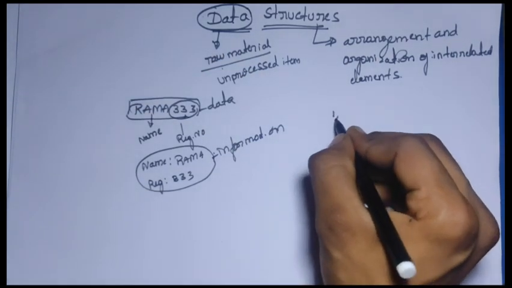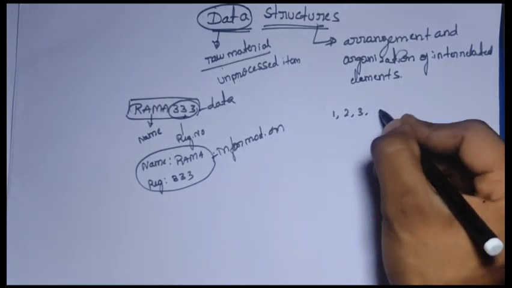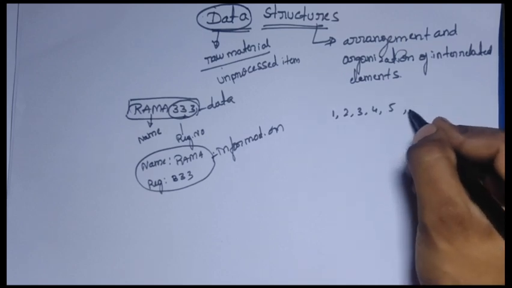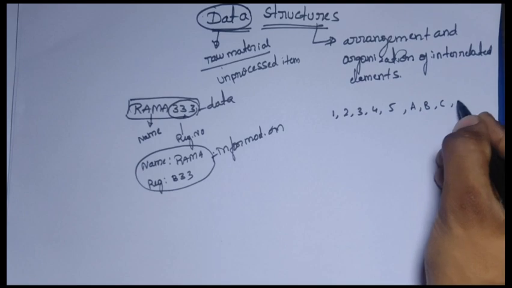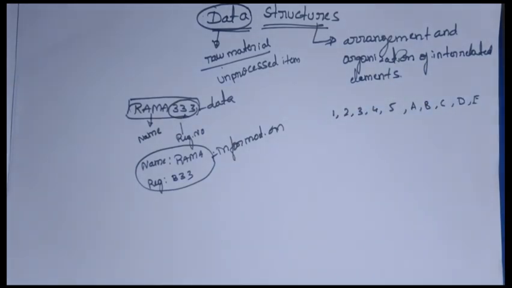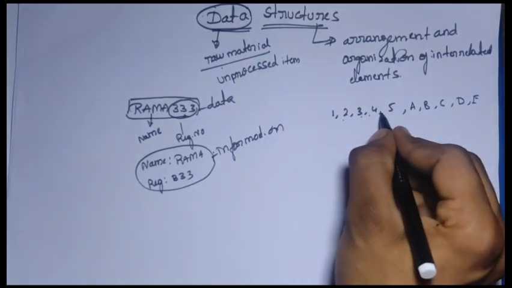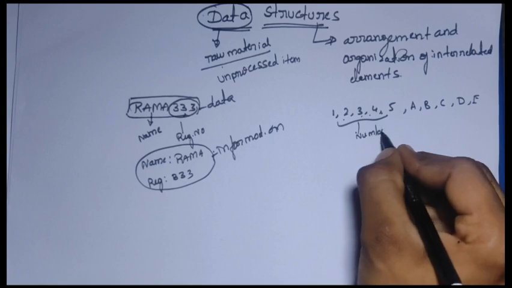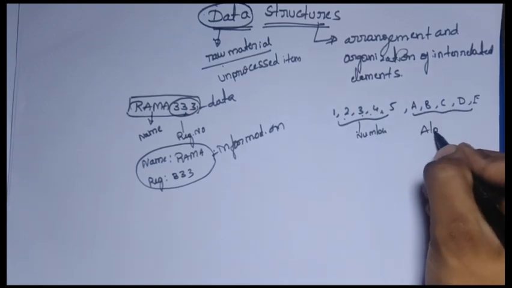Suppose I take a simple example like 1, 2, 3, 4, 5, and A, B, C, D, E. Is that right? So 1, 2, 3, 4, 5 is a number, and A, B, C, D is an alphabet.